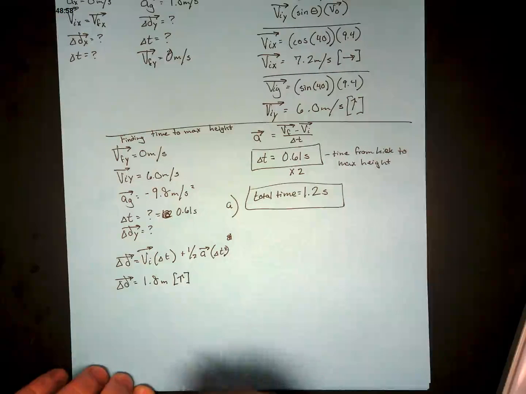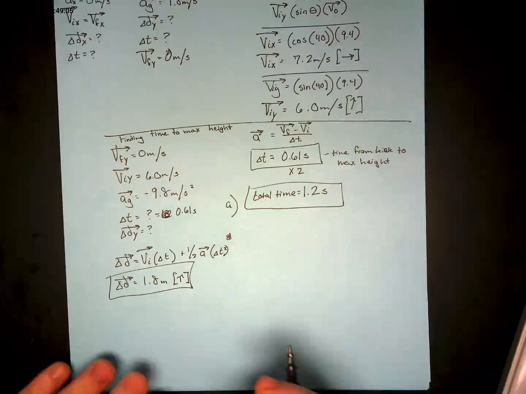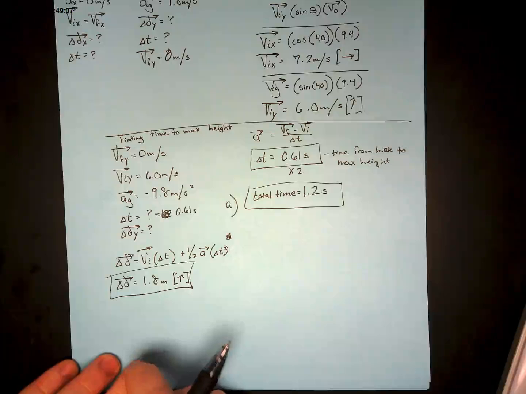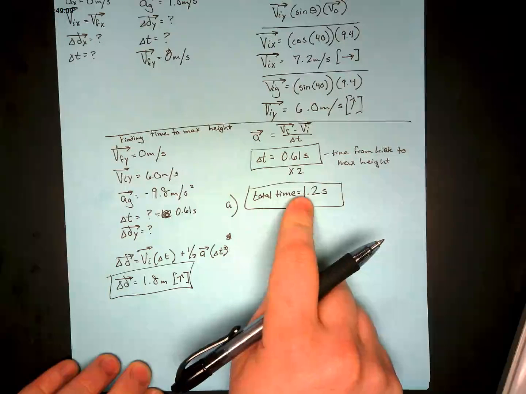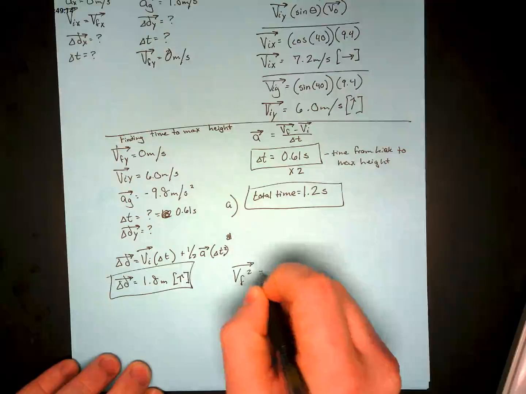Okay? Now, let's say that you don't trust that. What's another way you could solve for this? Another way you could solve for this, or even let's say if you wanted to start a little earlier, before you solve for this one over here, there is also this equation that will work just fine as well.